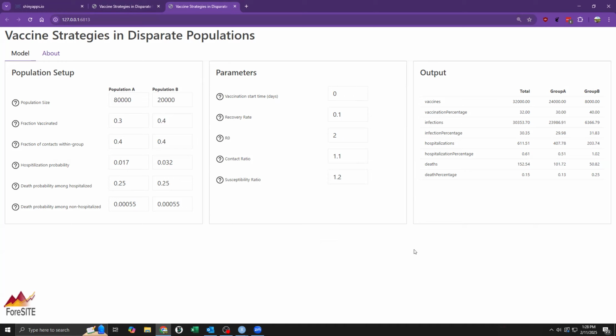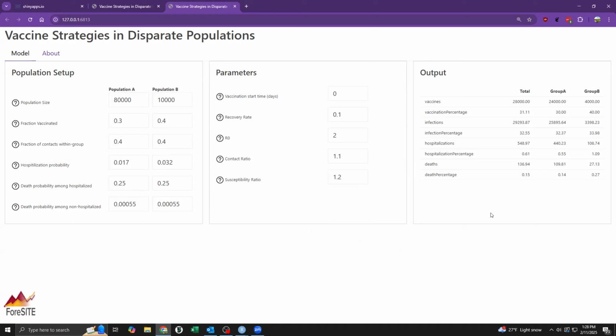I think it's also possible to display functional outputs here. So that's another way you can depict a range, to get a visual curve for, say, how increasing vaccination in one population improves outcomes in that population or in both populations.